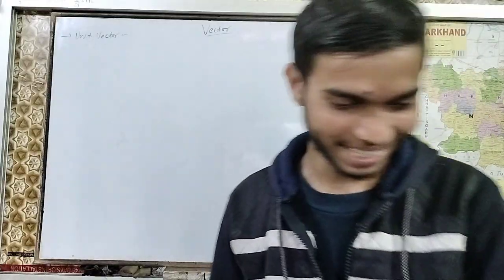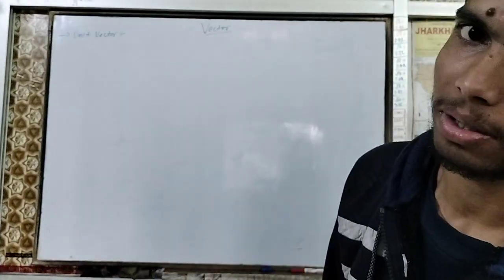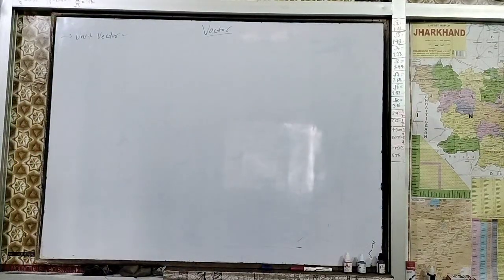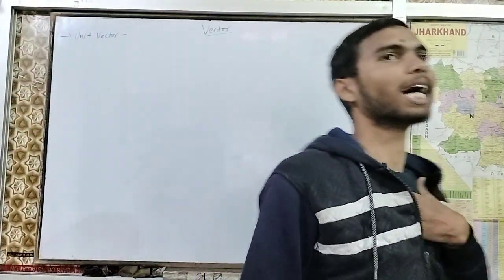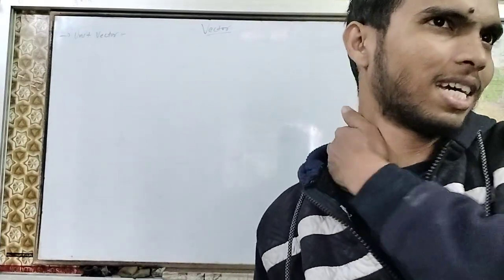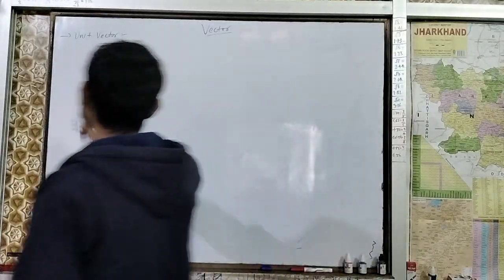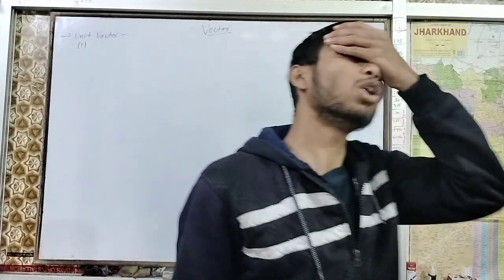Any vector which has magnitude one, we will say this vector is a unit vector. So magnitude is one, and there is a direction. Unit means one. It will help a lot of times.